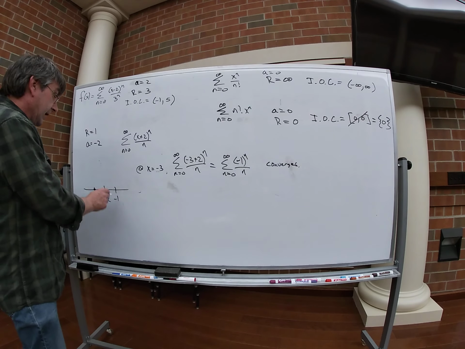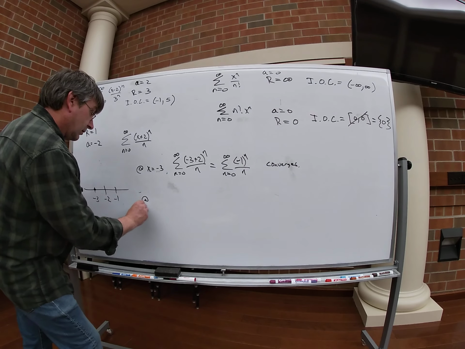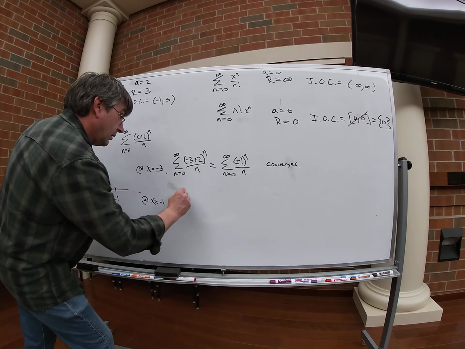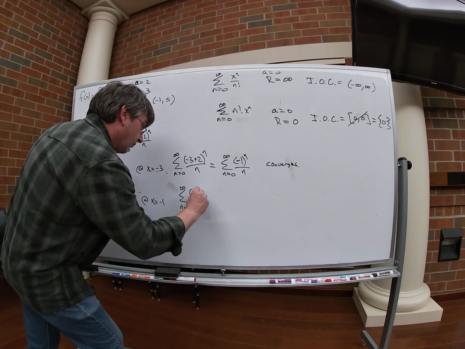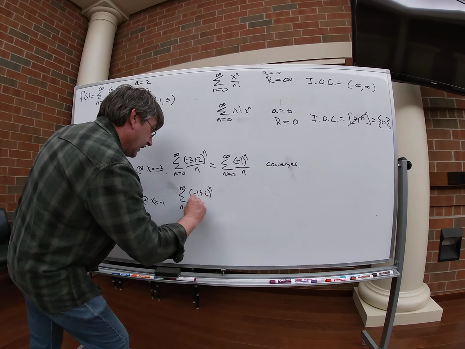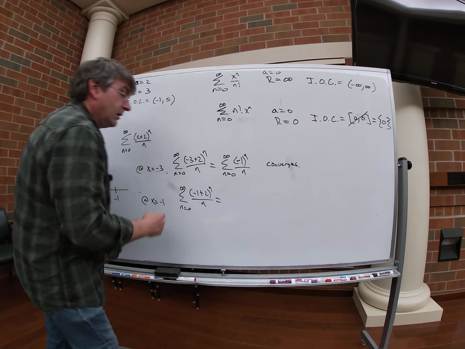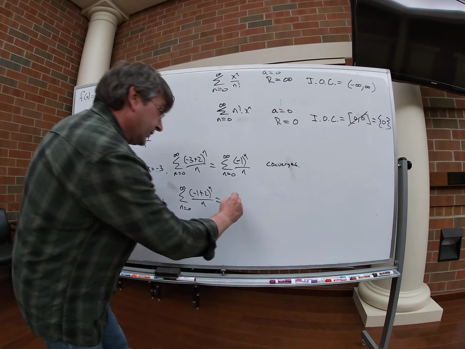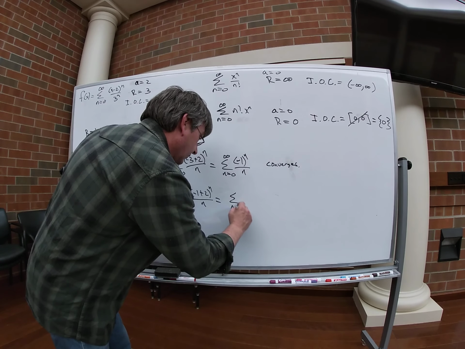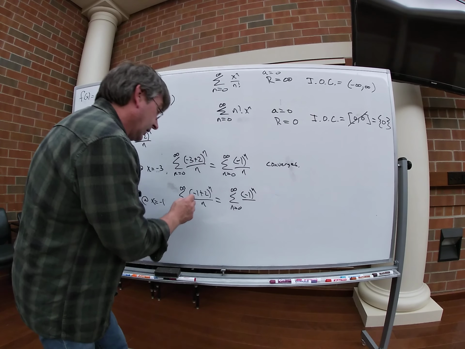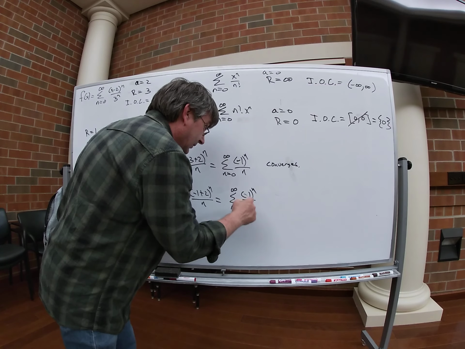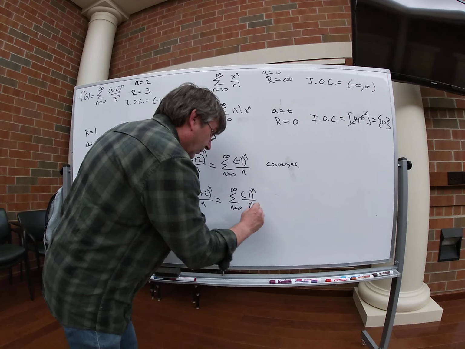Let's try at x equal -1. We have the sum n equals 0 to infinity, (-1 plus 2) to the n over n. -1 plus 2 is +1. So that's (+1) to the n.